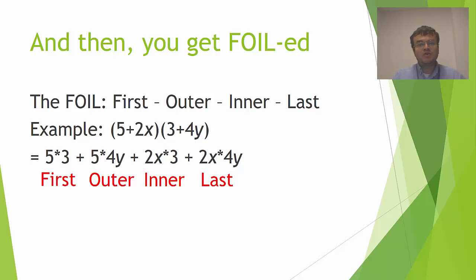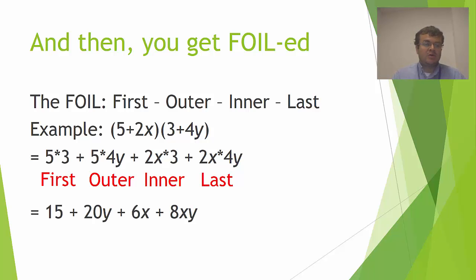So finally, your answer, or at least the next step in your answer, is going to be 15 plus 20y plus 6x plus 8xy. In this case, we are finished because there is no way to do anything with that. I mean, there is nothing to regroup or something.